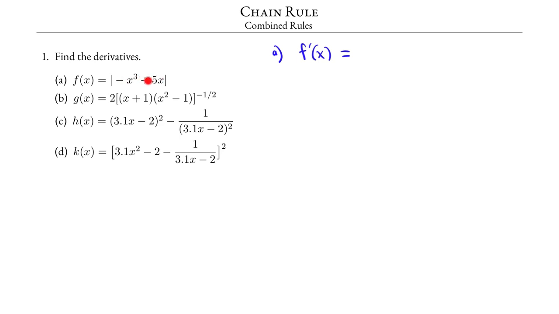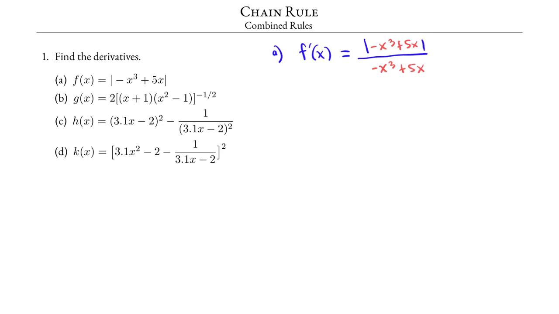And so think of this as the absolute value. What is the derivative of the absolute value function? It is the absolute value over the same input, and that input, that inner block, is negative x cubed plus 5x. Remember that the derivative of the absolute value of x is the absolute value of x over x.